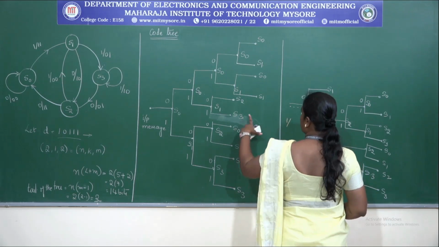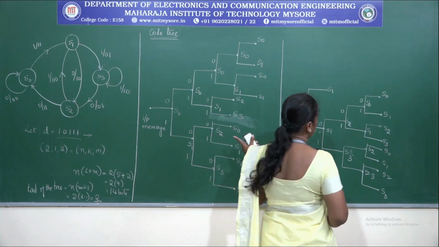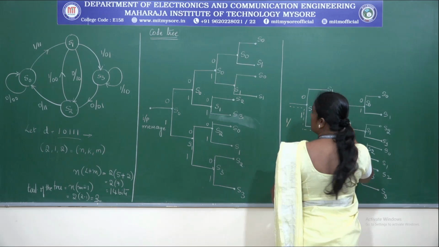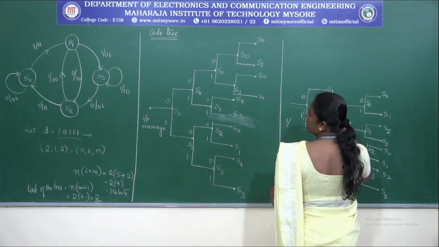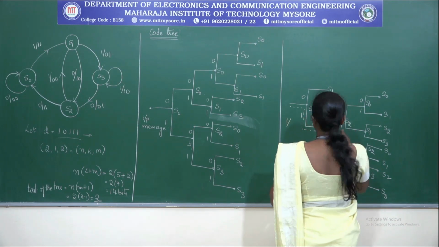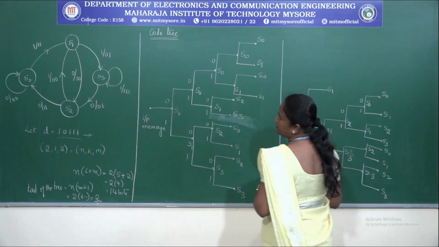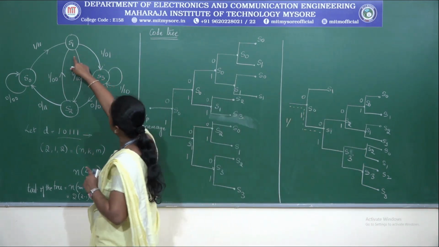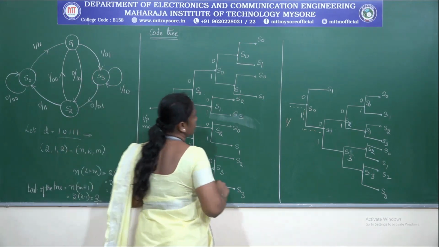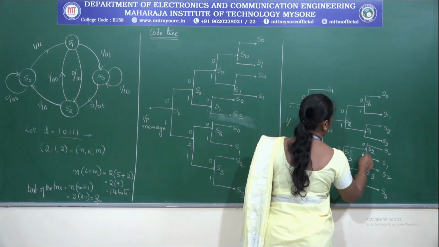So S2 with input 0 we have to S0, and with input 1 it is going to S1. So from S1 with input 1, it is going to S3. So this is 0, 1.